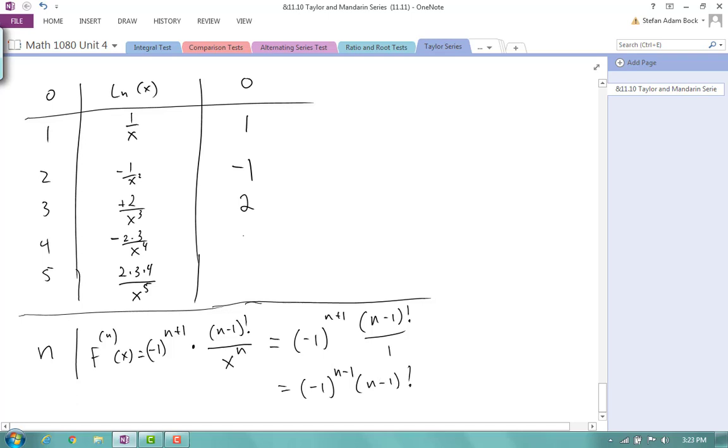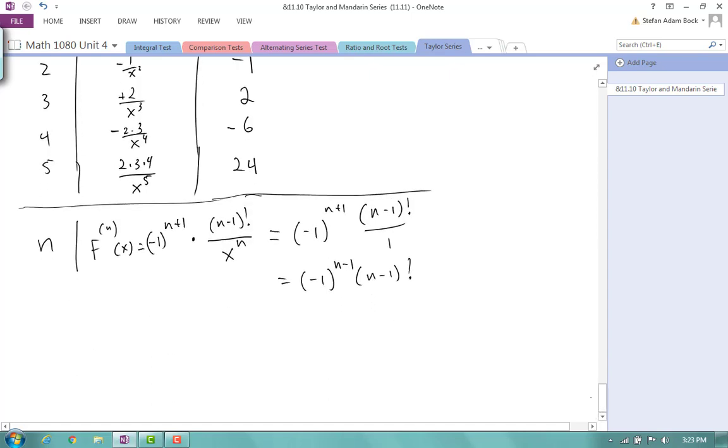And of course, if I move on to 4, I'm going to have negative 1 cubed, which is negative, times 4 minus 1 factorial, which is 3 times 2. So it seems this here is my coefficient.